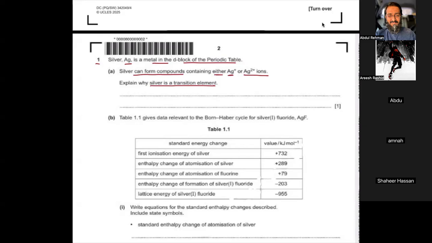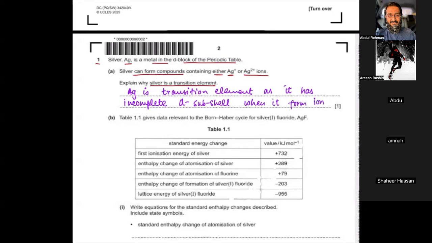So, you can write that silver is a transition element as it has an incomplete d subshell when it forms an ion.